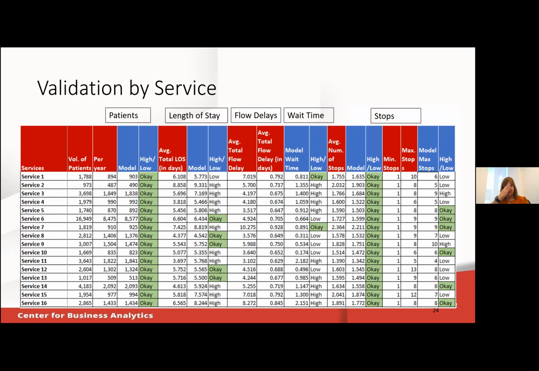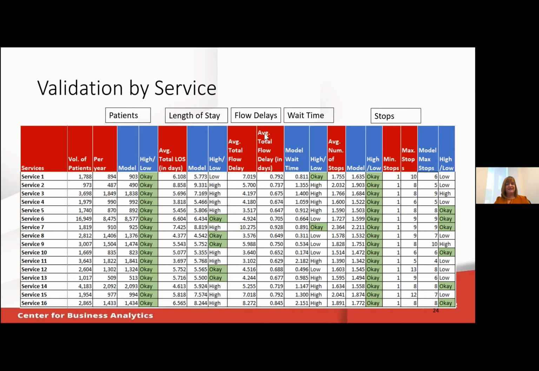We did a validation by service. We had 16 different service groupings we focused on. We looked at patients: was our model producing that? The length of stay: how long were they staying, and was our model matching what we saw in historic data?